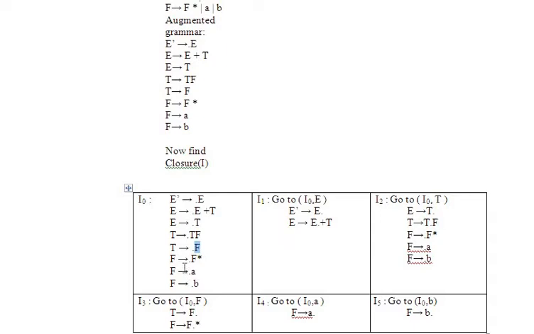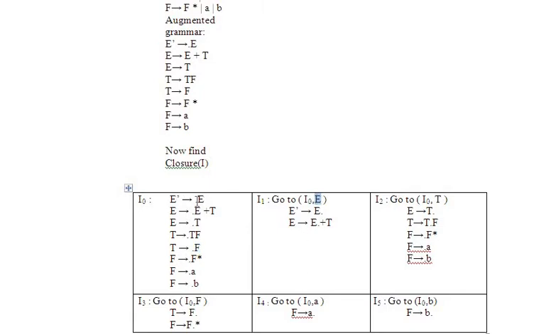Now you have to move this dot. So the next state will be I1. In I1, go to I0 on E. In your I0 productions, move dot after E.